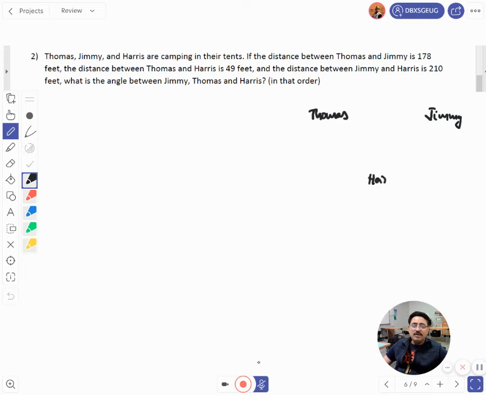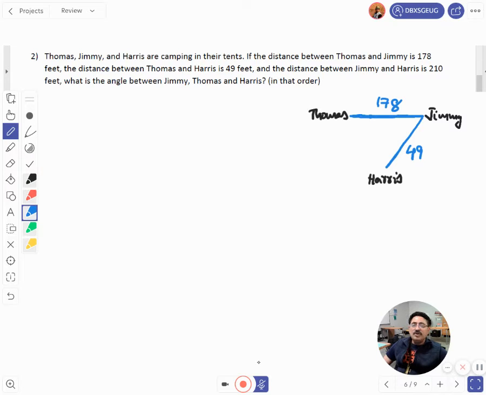These three are camping in their tents. If the distance between Thomas and Jimmy is 178 feet. Okay. The distance between Thomas and Harris is 49 feet.